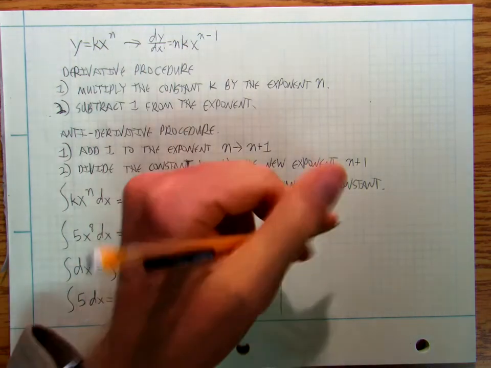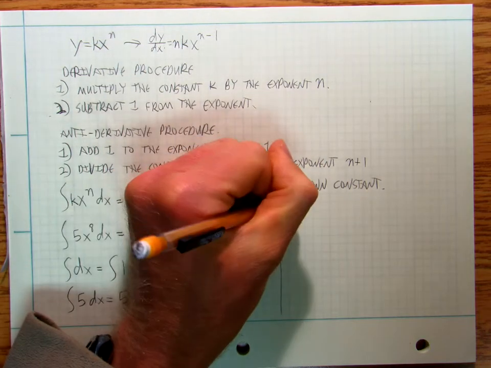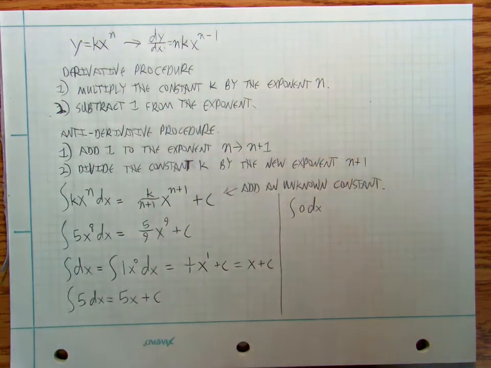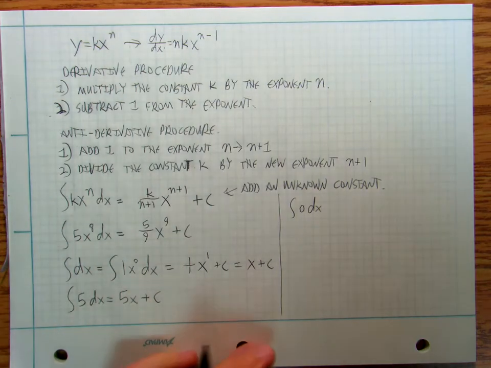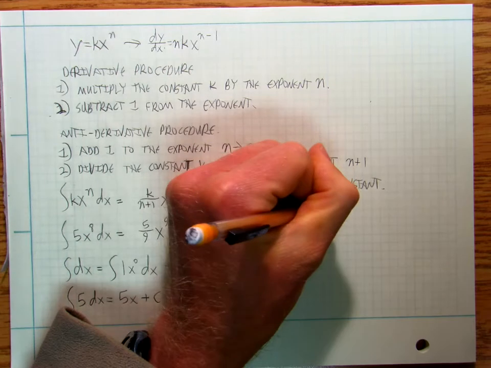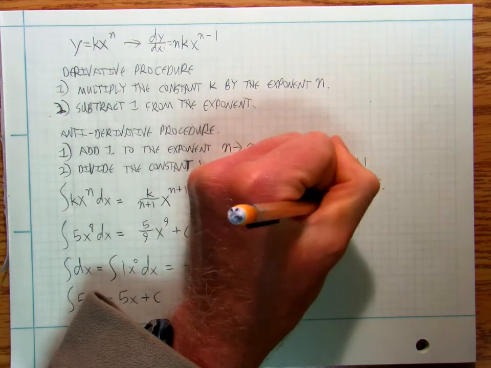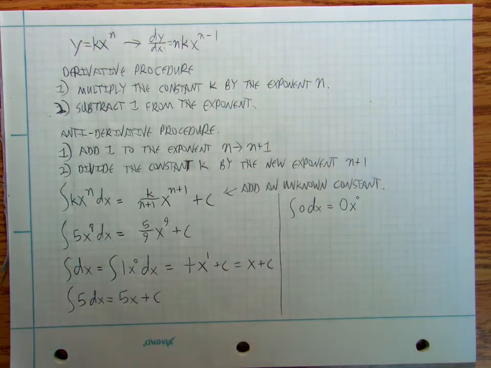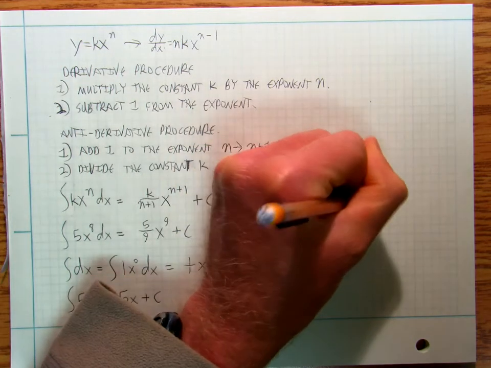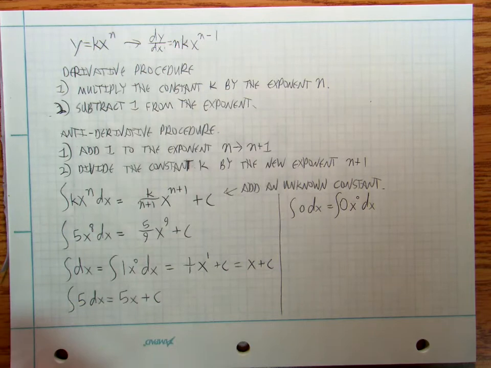Now, the other tricky one: what is the integral of 0 dx? I'm going to write that as 0 times x to the 0.